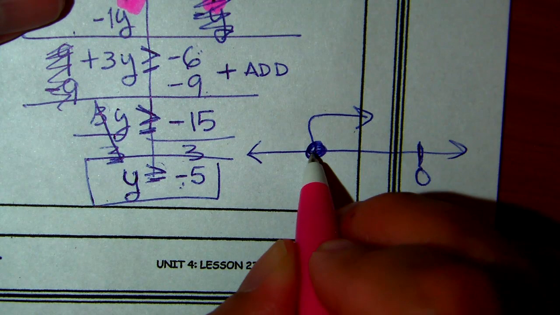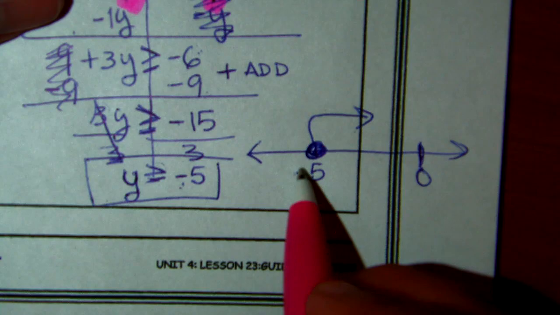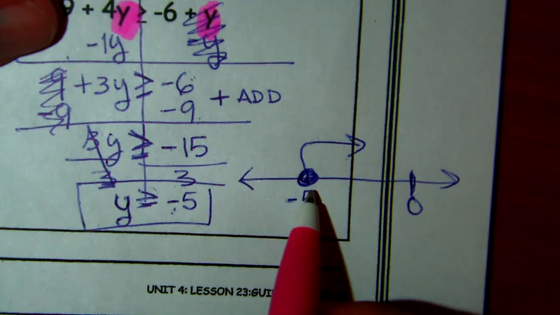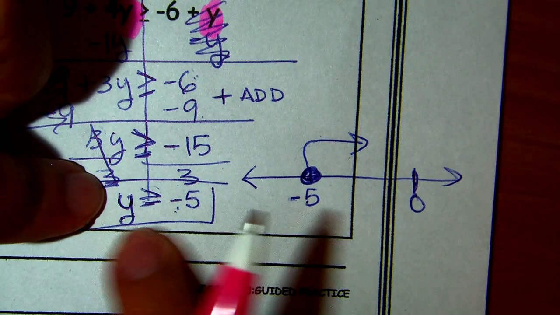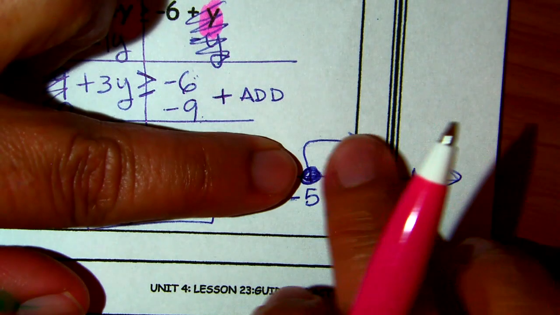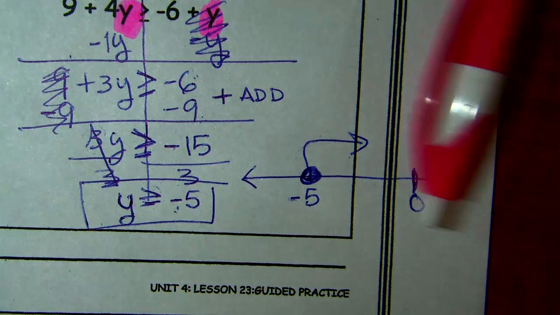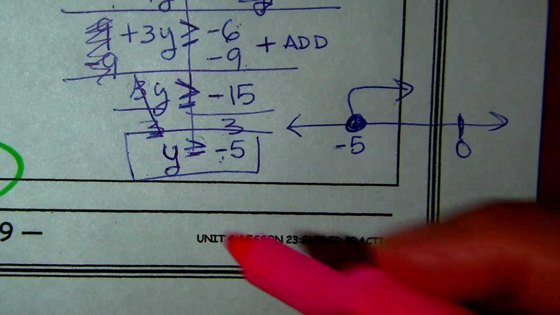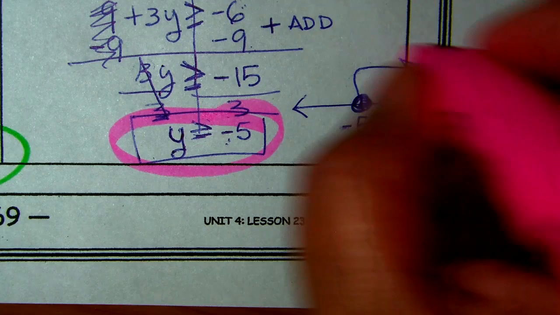Because the values of the y are greater than negative 5, the arrow is pointing to the right, because you're saying that the values of the y are all the numbers that are greater than negative 5, all the numbers that are to the right. So this is your answer right here and your graph.